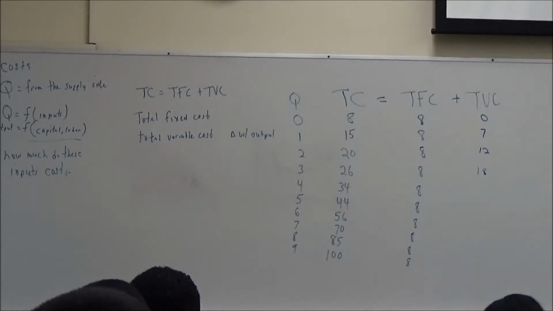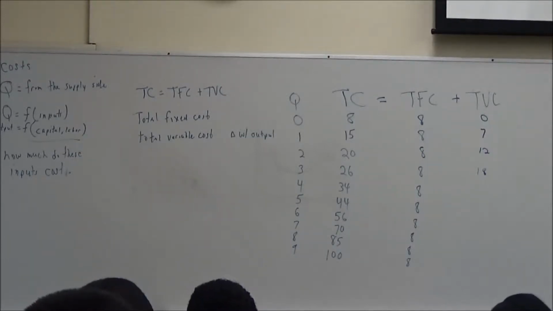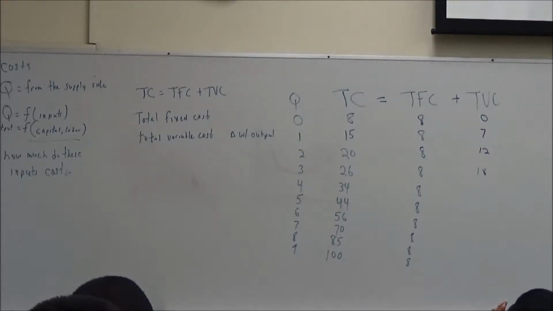So if we go back over here and we say, all right, what would that look like on a graph? So let's take the total fixed cost here, the total variable cost here, and the total cost here, and then take the quantity here. So what would the total fixed cost look like? What type of line would that look like? Well, if I produce 0, how much are my fixed costs? 8, right?